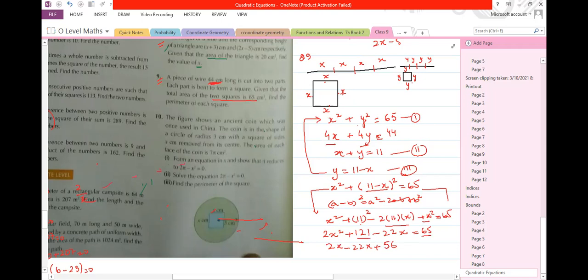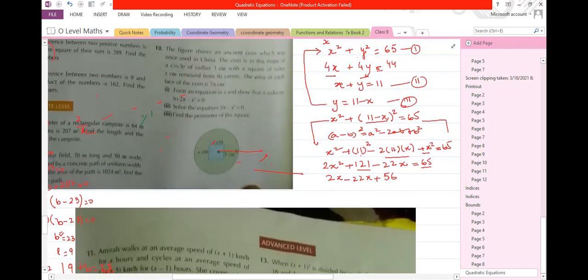Again I will remember to simplify it. I take 2 common, so it becomes x squared minus 11x plus 28 equals 0.